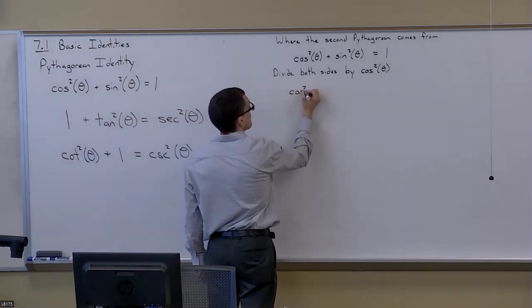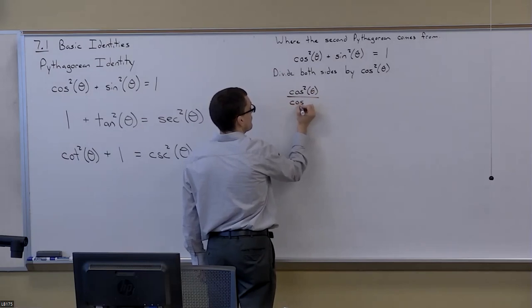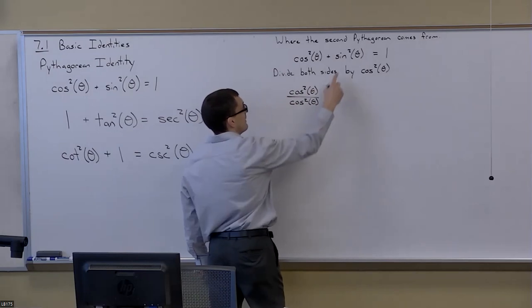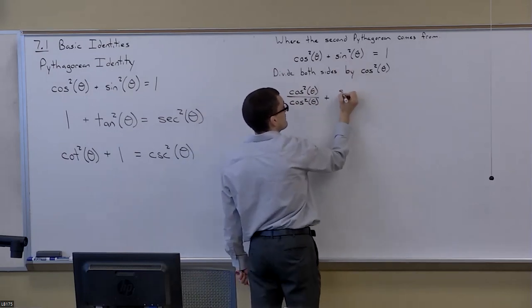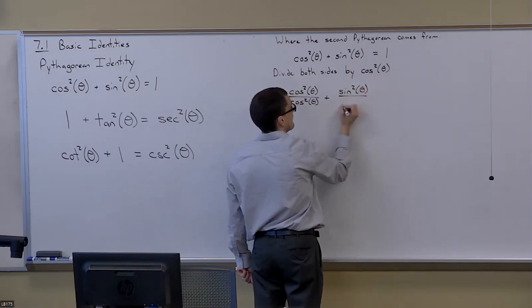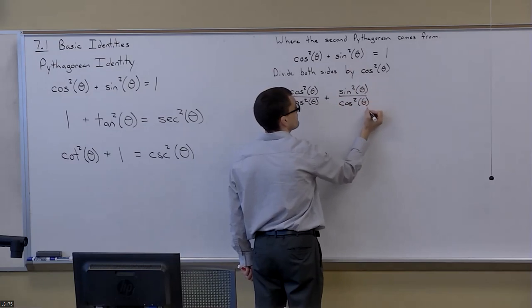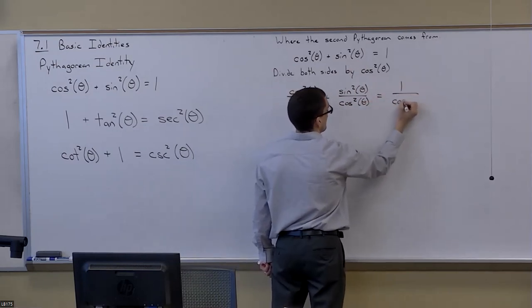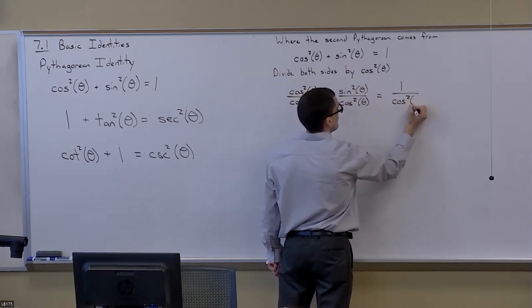I take cosine squared and divide it by cosine squared, and then I take sine squared and divide that by cosine squared, and then I take 1 divided by cosine squared.